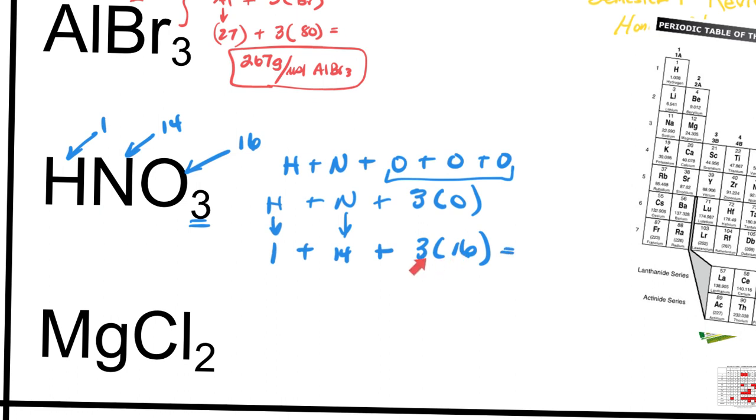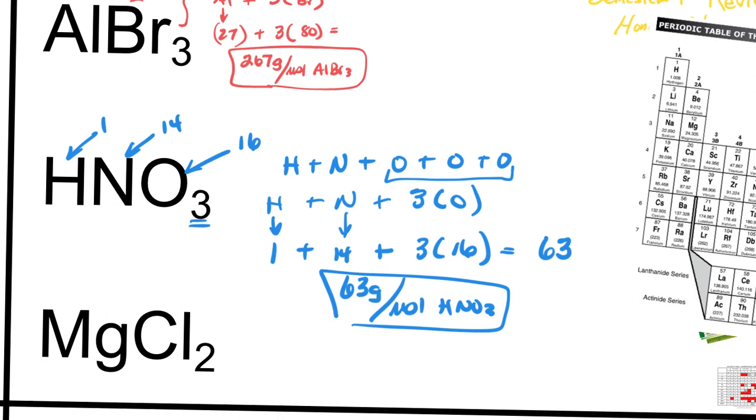Take the 16 times 3. Take that total, add it to 14, add it to 1. And the total that you're going to wind up getting here is going to be equal to 63. All right? And so we'll write that as 63 grams per mole of HNO3. And so this here is your actual molar mass for this specific compound.